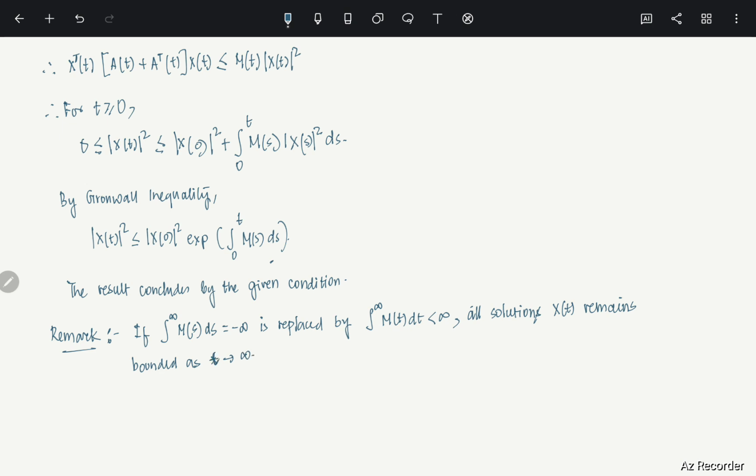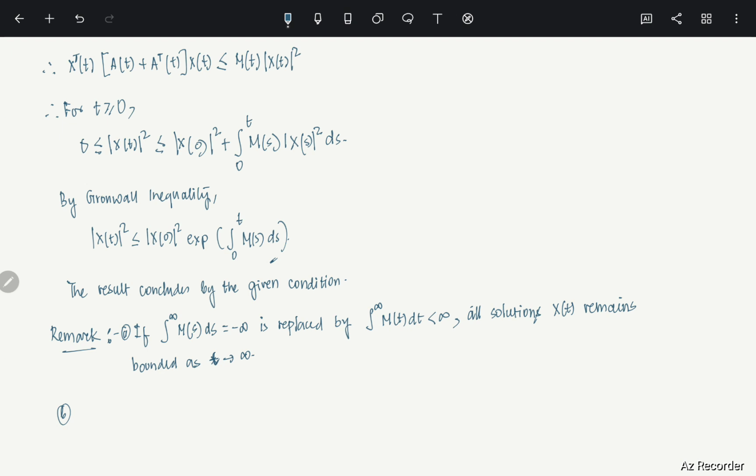If this is bounded, the exponential of that function is going to be bounded, and then x(t) is going to be bounded. So this is a very, very simple remark from this part. We can also say more, yes, we can also say more. That this is A. Right. Now B.